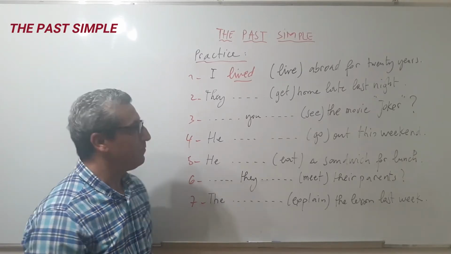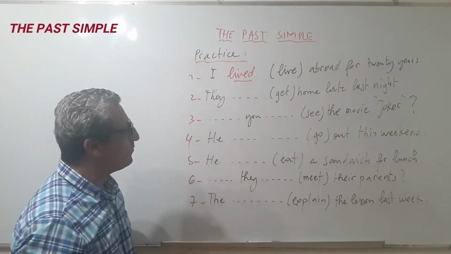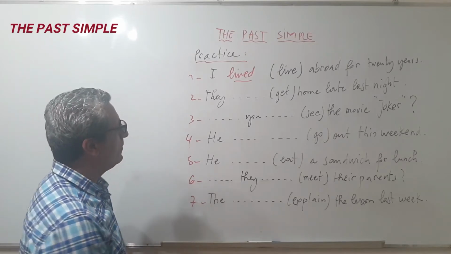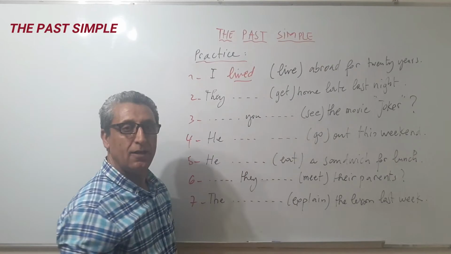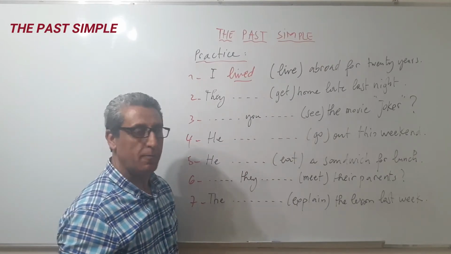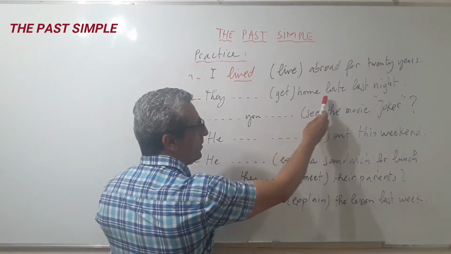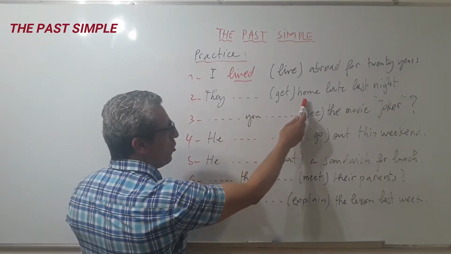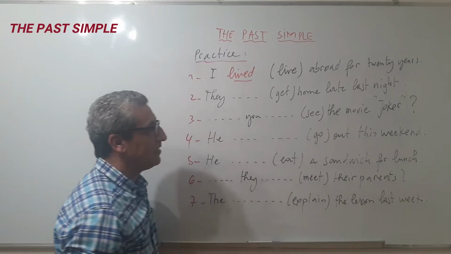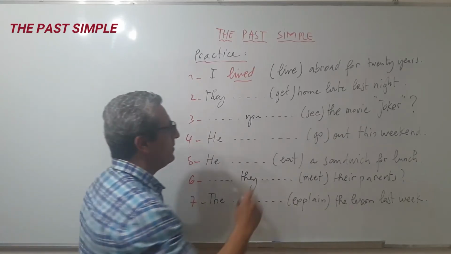Let's go. Sentence number 2. They get home late last night. Here the verb is get.